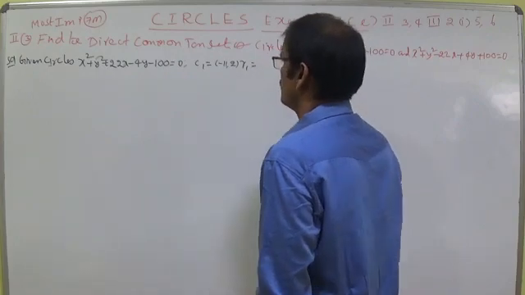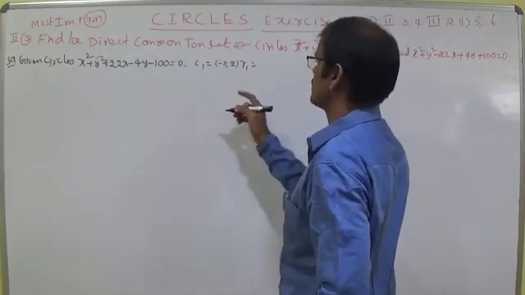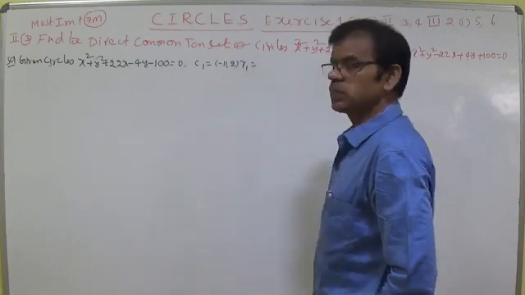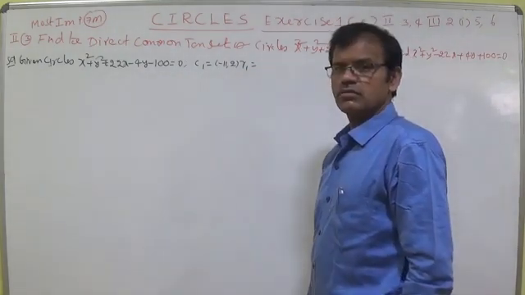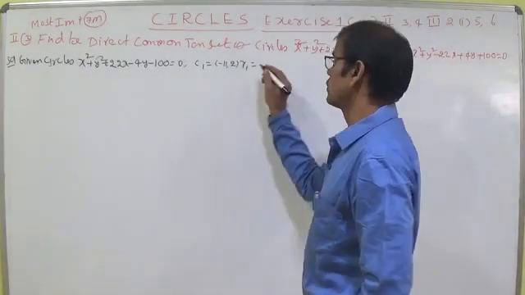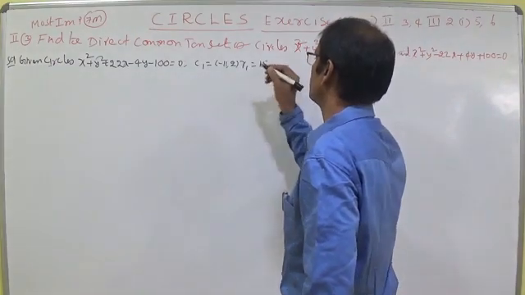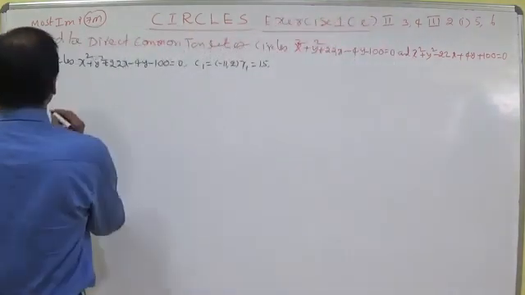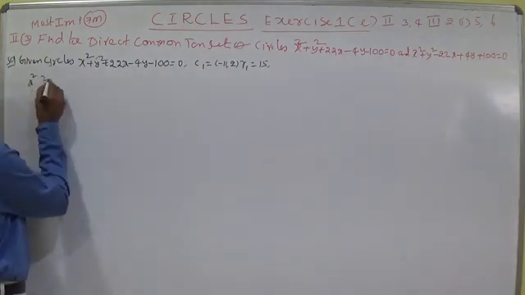R1 is root of g square plus f square minus c, equal to 121 plus 4 plus 100. 121 plus 4 is 125, plus 100 is 225, and the root of 225 is 15. R1 is 15.